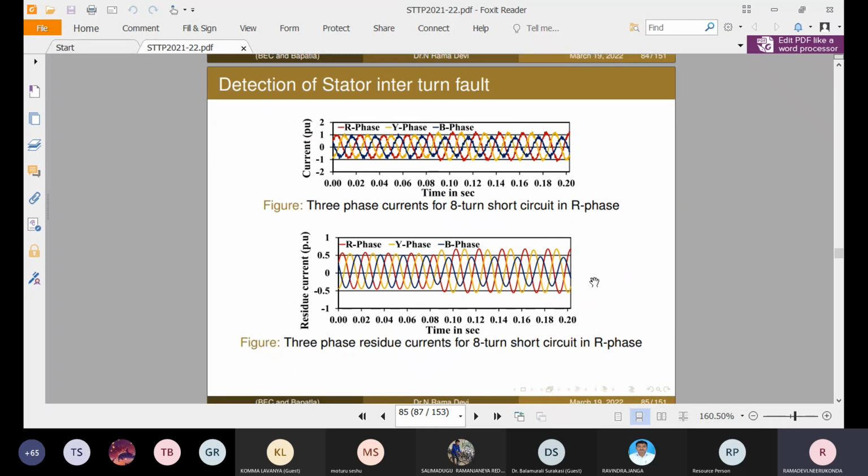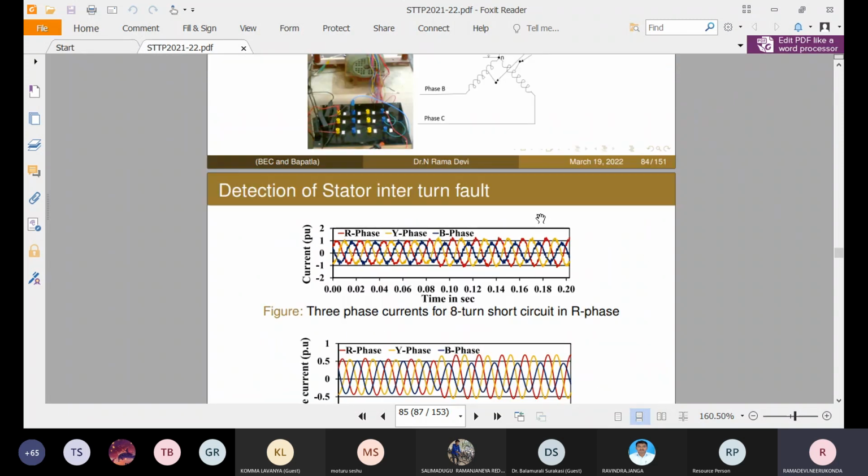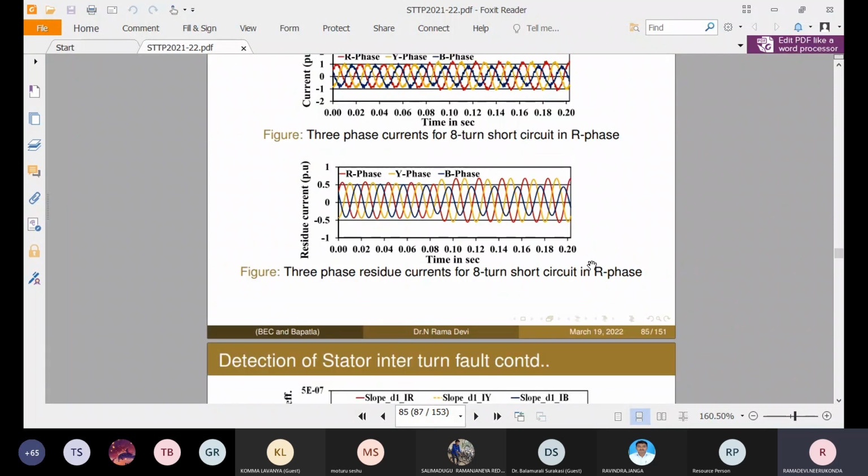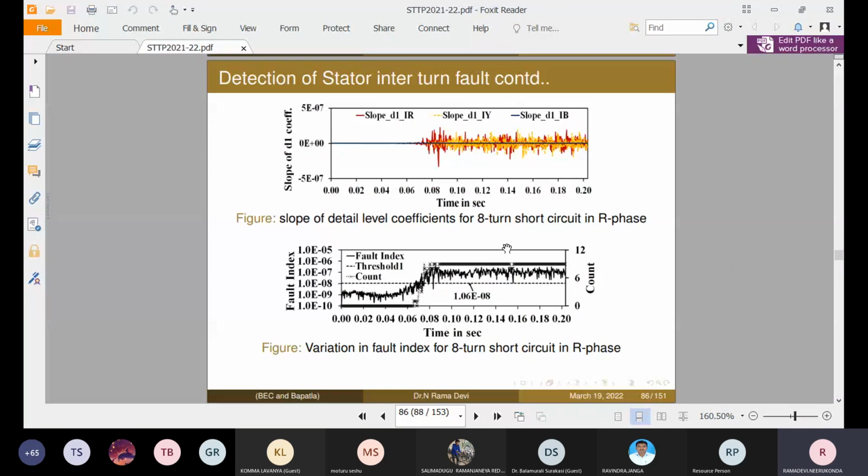Making use of that, we create the interturn faults and line to ground and line to line faults. Practically, the interturn fault is created with the help of tappings brought out from the neutral point. This is the practical captured signal, this is the reconstructed signal, and this is the slope of detail coefficients of the reconstructed signal.